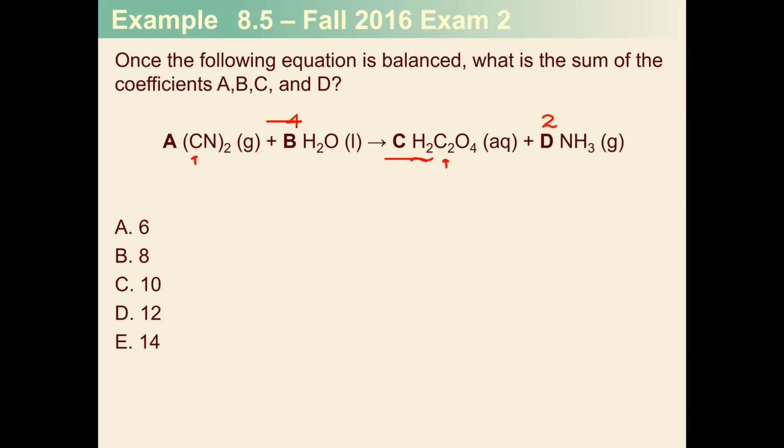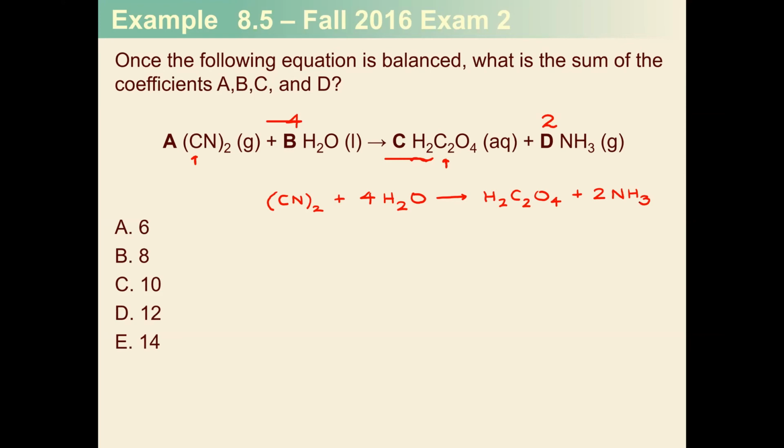So if we were to write this chemical equation out correctly, you would get CN2 plus 4 waters going to H2C2O4 plus 2 NH3s. This would be a correct written answer.